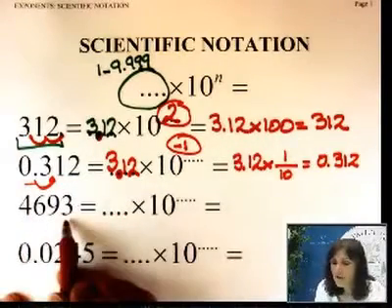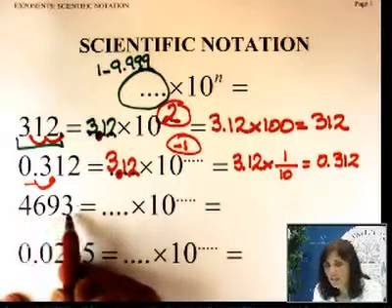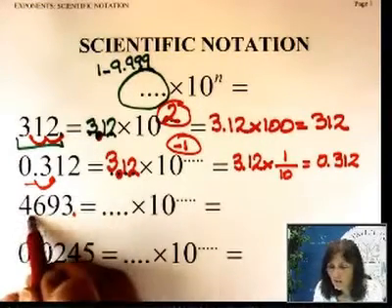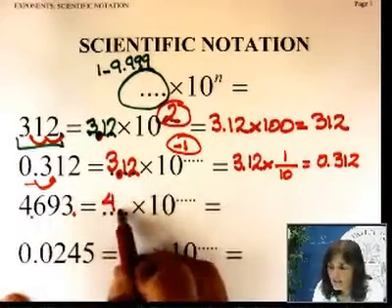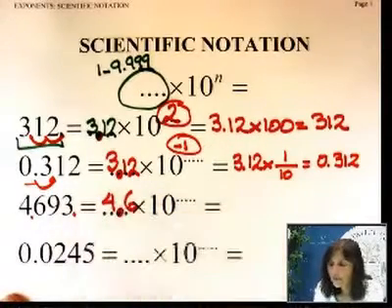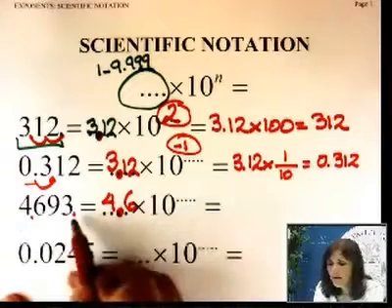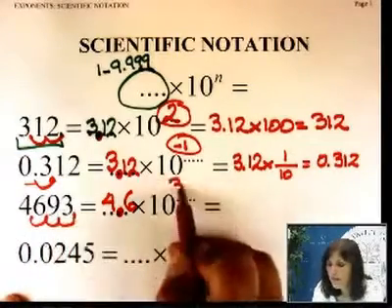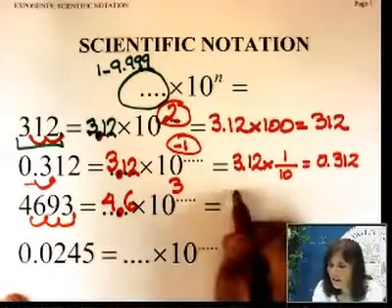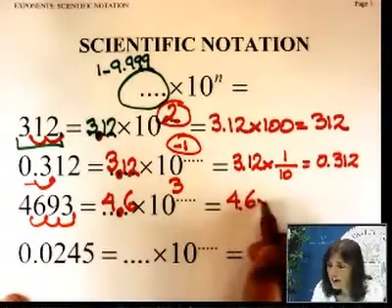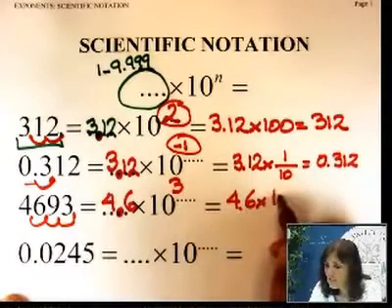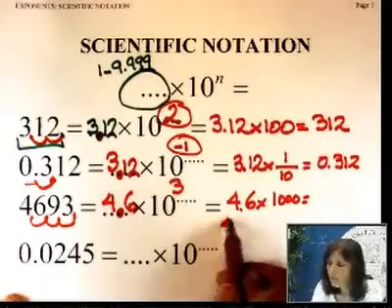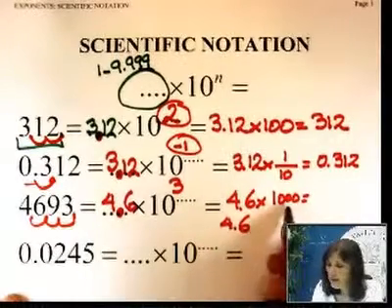Okay, big number. That means I need to move the decimal someplace. There's an invisible decimal here. It's going to move here, so that's going to be 4.6. And since this is a big number, I move 1, 2, 3 steps. It's going to be positive 3. So let's check. 4.6 times 10 to the third means 3 zeros, 1, 2, 3. That means I'm supposed to multiply 4.6 by 1,000.